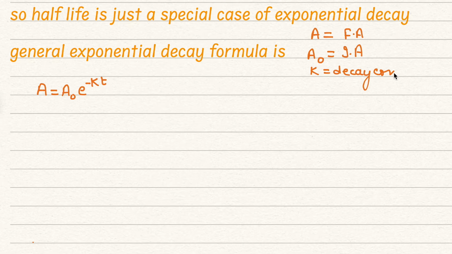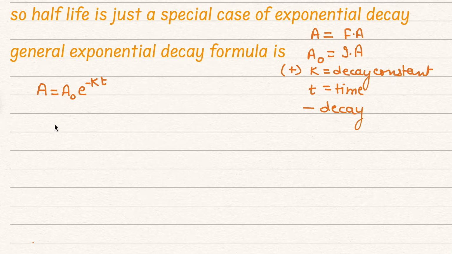That means the rate at which it's decaying, and t is time. Now let's see one point here. K has to be positive. And this negative sign in the formula shows decay. That means something is decaying.